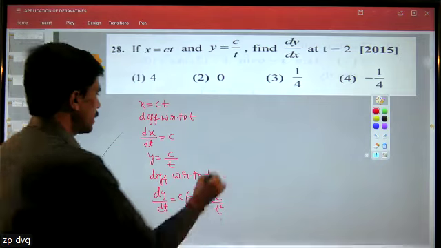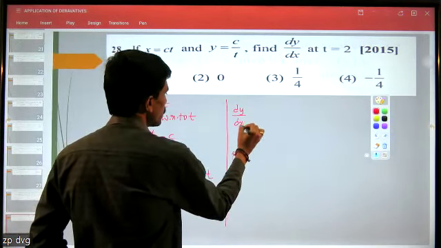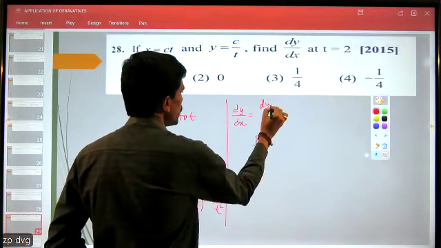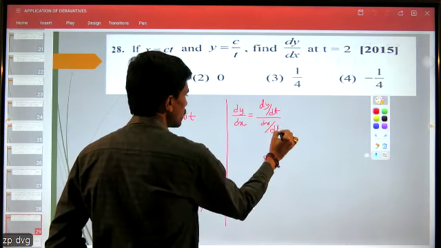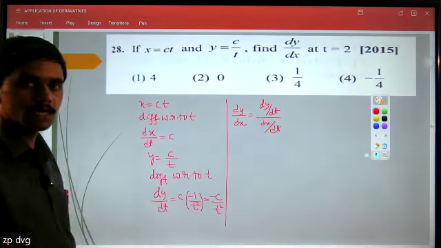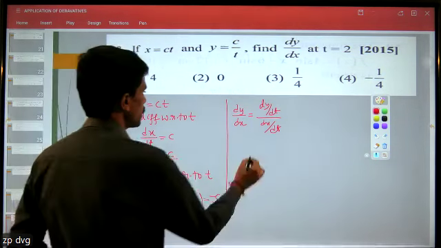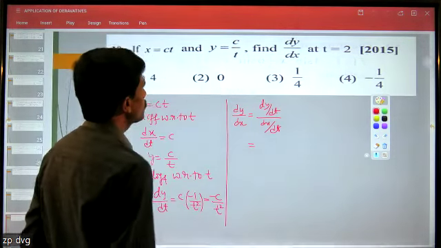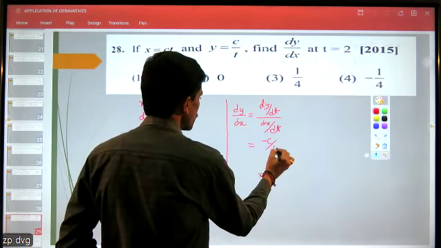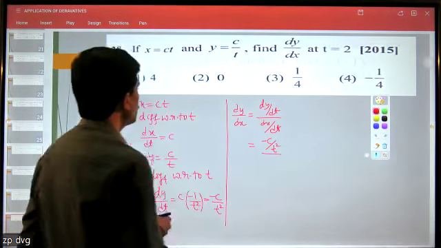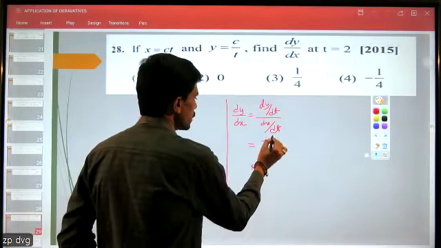Next, we have to find dy by dx. For dy by dx, we take dy by dt in the numerator and dx by dt in the denominator. So dy by dx is equal to dy by dt divided by dx by dt. dy by dt is minus c by t square and dx by dt is c. Here c gets cancelled.